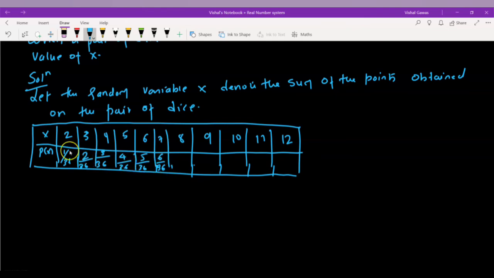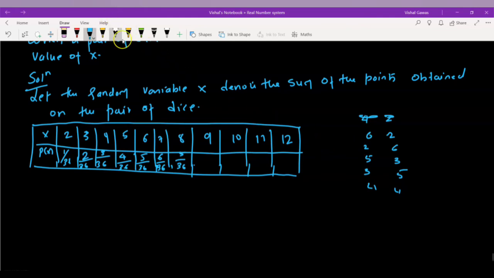For 8, I can get 6 2, 2 6, 3 5, 5 3, and 4 4. So that would be 5 over 36.